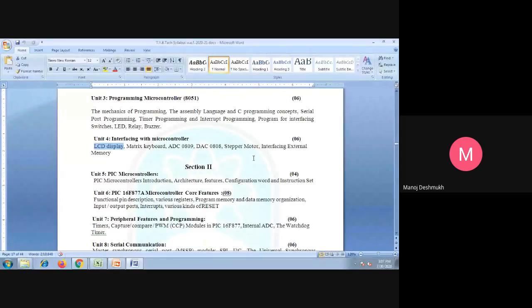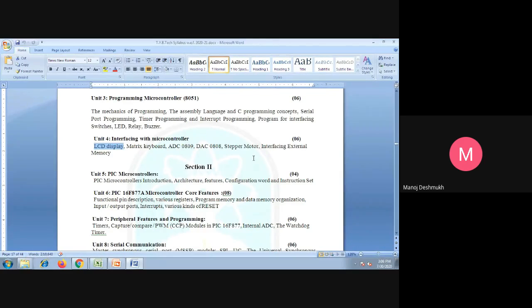Interfacing means connecting various devices with the 8051 microcontroller.